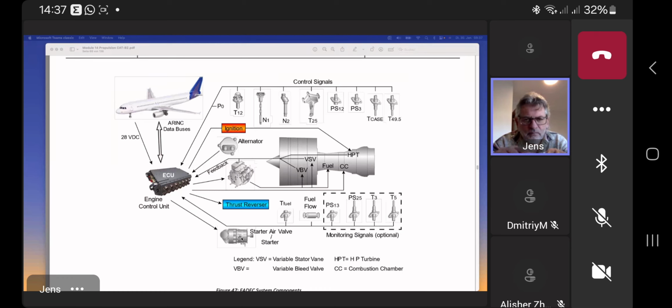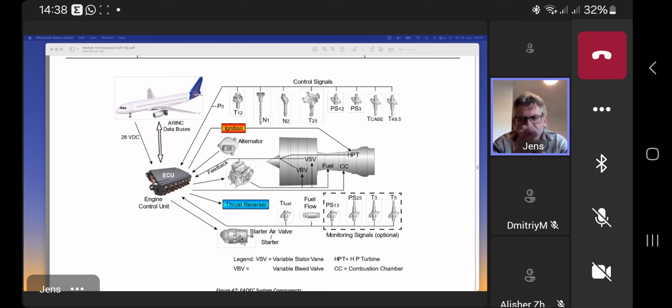Both channels A and B work at the same time. They compare their results, because there is only one in charge. Once there is a deviation in the result, A and B find out, for example, that we have a different result. This comparator now decides which channel is right, and then the channel which is right takes over and makes the decisions.